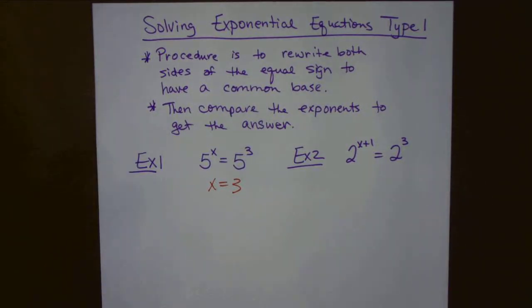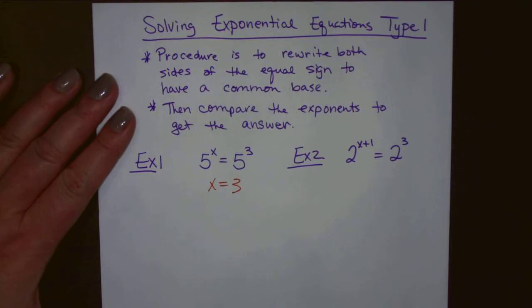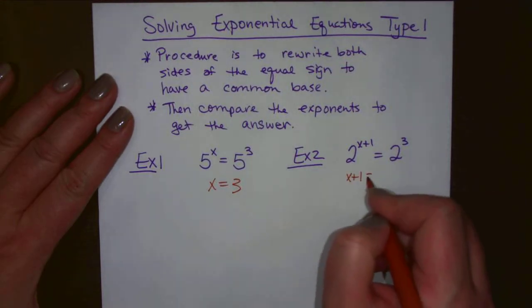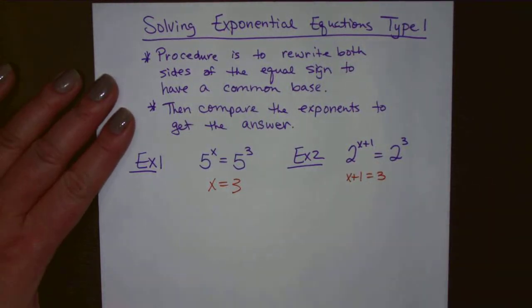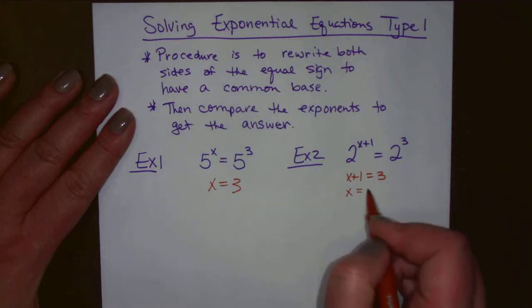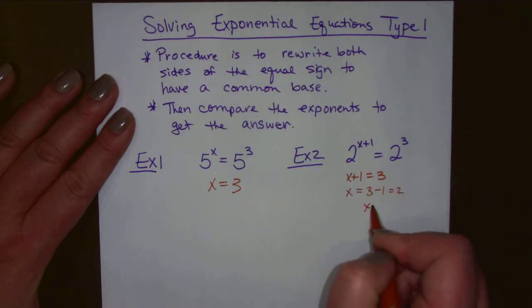So you say to yourself, the base is the same, I just compare the exponents. You're not really dropping the 2's, you're just saying they're already equal on both sides, so I don't care about them. So x is 3 minus 1, which is 2, so the answer is x is 2.